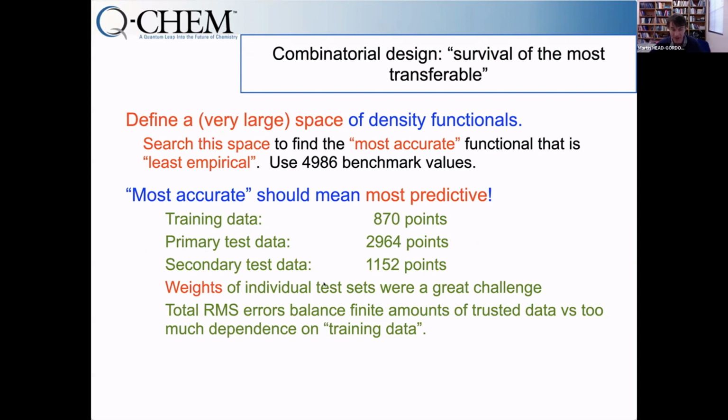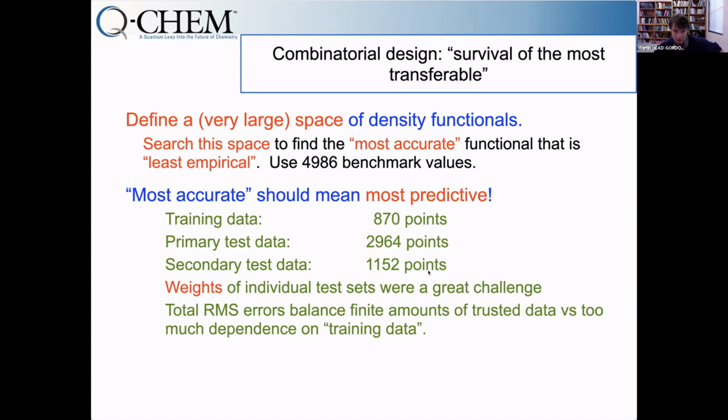The human element inevitably enters. So the weights of individual test sets, individual data points that represent energy differences, that is human defined. So this is at best supervised learning. We define the weights in order to essentially define a loss function, if you like. And in the end, total RMS errors balance the trade-off between finite amounts of trusted data versus too much dependence on the training data and overfitting.